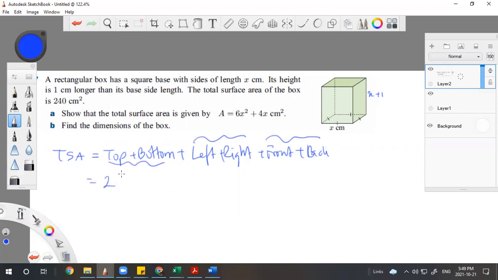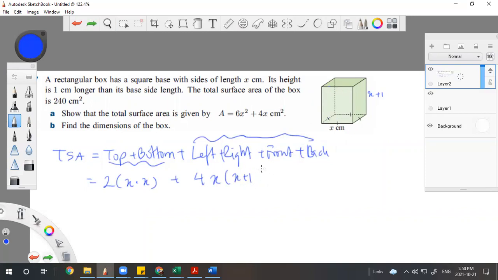So top and bottom is 2 times x squared, because the base area is x times x for both top and bottom. Left, right, front, back are also the same, so you can write 4 faces times x plus 1, because this is what you want to find.